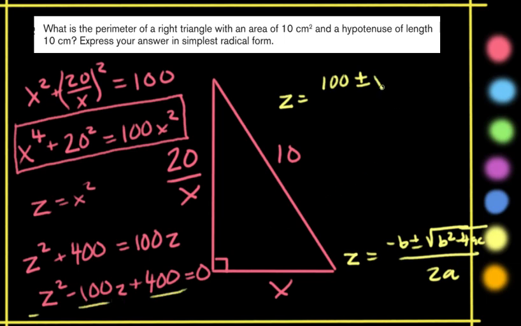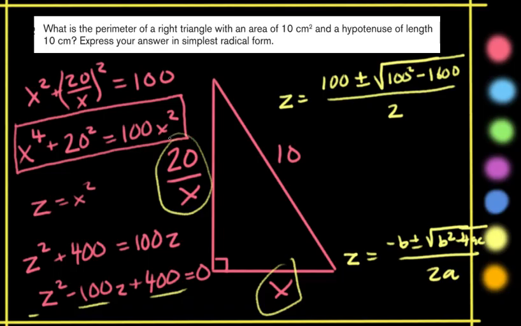So we've got the square root of 100 squared minus 4 times 400, which is 1600, all divided by 2. Okay, and then this is going to be z. We're still going to have to square it to get x. And then we're going to have to take x plus 20 over x plus 10 to get our perimeter.